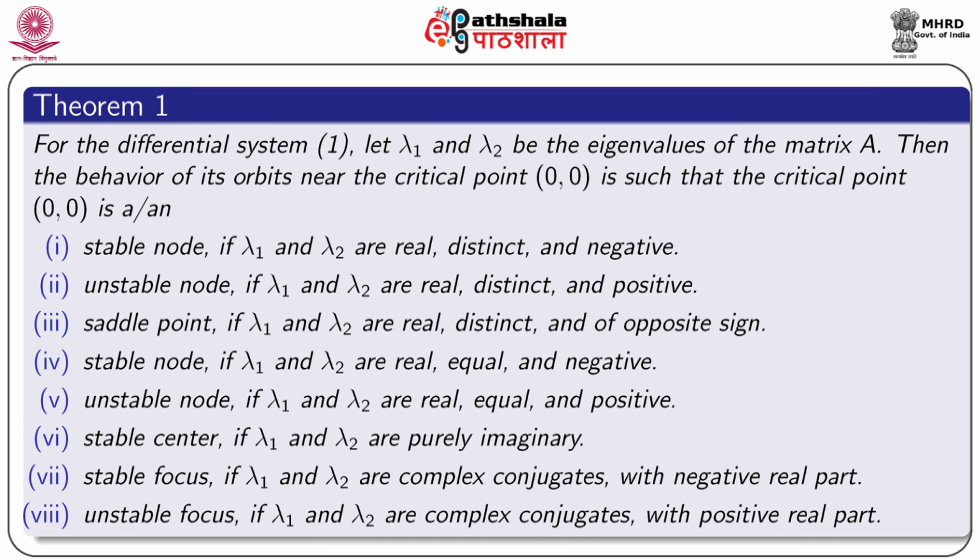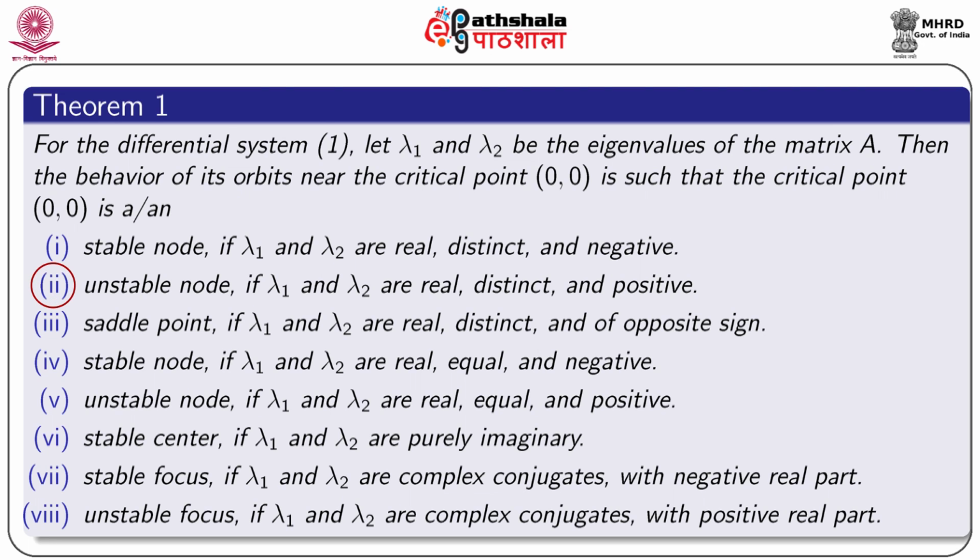We put the behavior in the form of a theorem where we say that for the differential system 1, if λ1 and λ2 are the eigenvalues, then the behavior of its orbits near the critical point is the following. If λ1 and λ2 are real, distinct and negative, then we get a stable node.